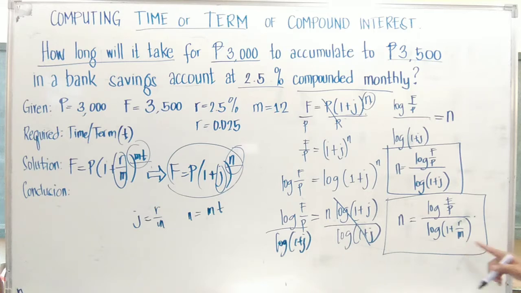So we will be using this equation. They are the same. We are just substituting j and instead writing r over m.